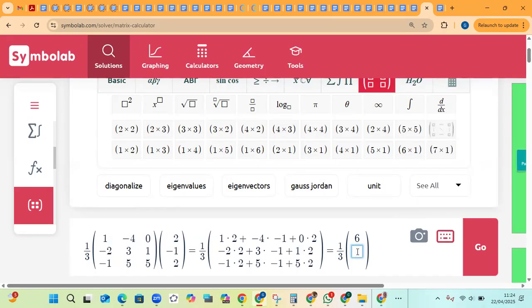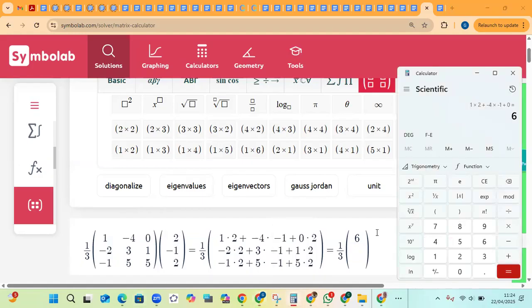Now the second one, negative 2 times 2 plus 3 times negative 1 plus 1 times 2, is -5.